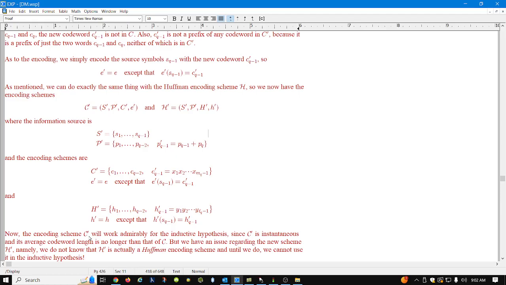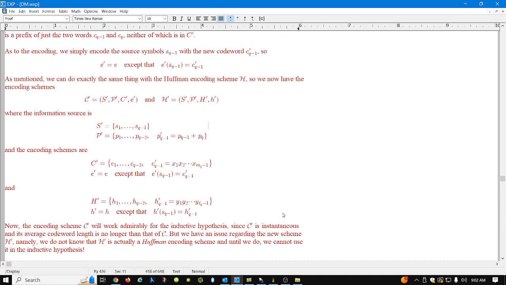But we have an issue regarding the new scheme H prime. Remember that the setup is that H has to be a Huffman encoding scheme. H is assumed to be a Huffman encoding scheme, but we can't use the inductive hypothesis unless we show that H prime is also a Huffman encoding scheme.